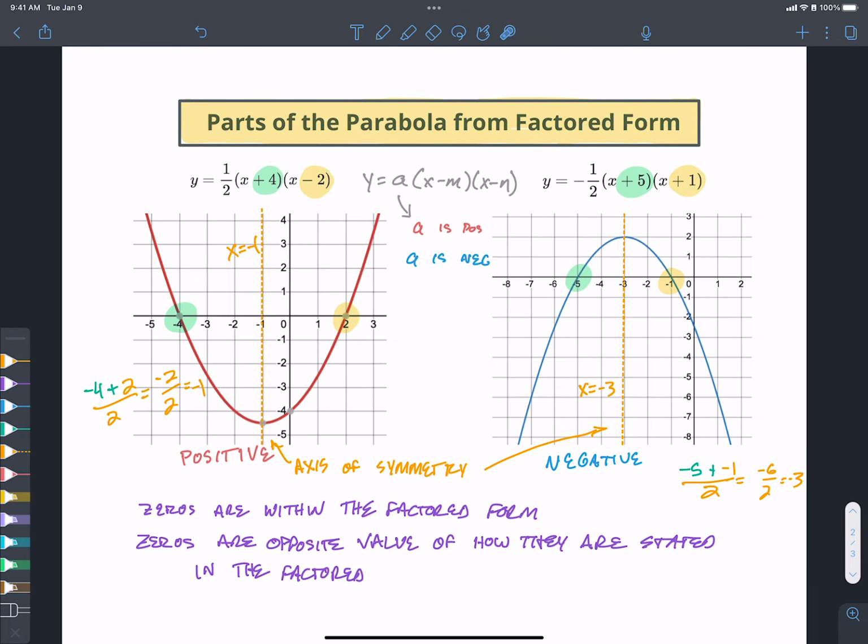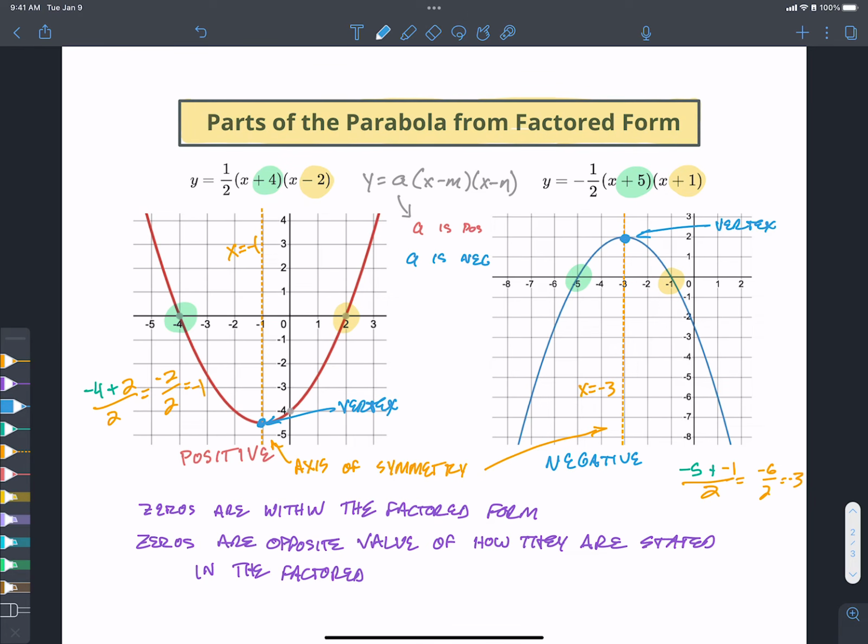Now, if I wanted to find where the y value is, the vertex, here's our vertex right here, and here's our vertex right here.